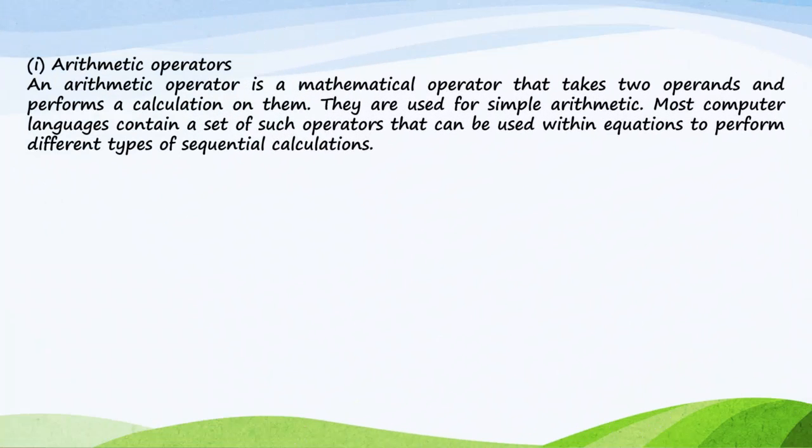First, let us see arithmetic operators. An arithmetic operator is a mathematical operator that takes two operands and performs calculations on them. They are used for simple arithmetic. Most computer languages contain a set of such operators that can be used within equations to perform different types of sequential calculations.